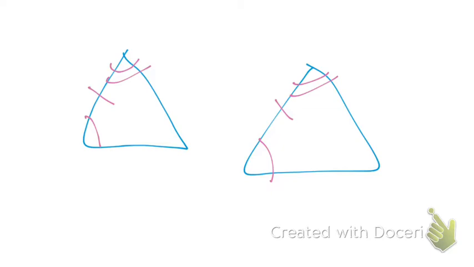Let's say, what if instead of this triangle having a point here, we move it over here? Well, that changes this angle, doesn't it? Even though that would make it a different side length than this blue triangle, that would change the angle.